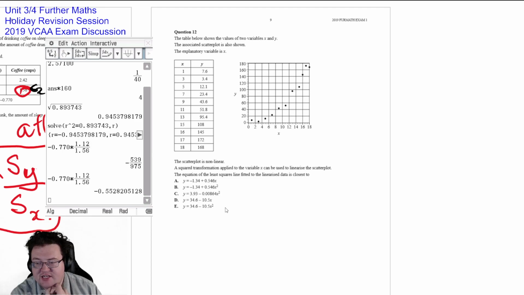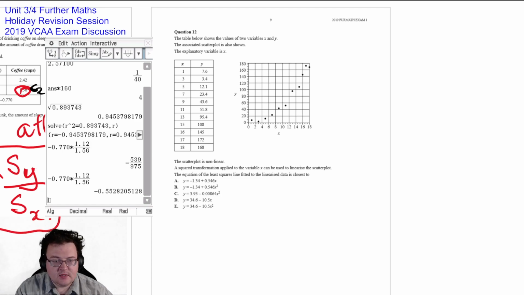The equation of the least squares line fitted to the linearized data is closest to... Again, there is no real way that you're going to guess this. You have to do it on your CAS.